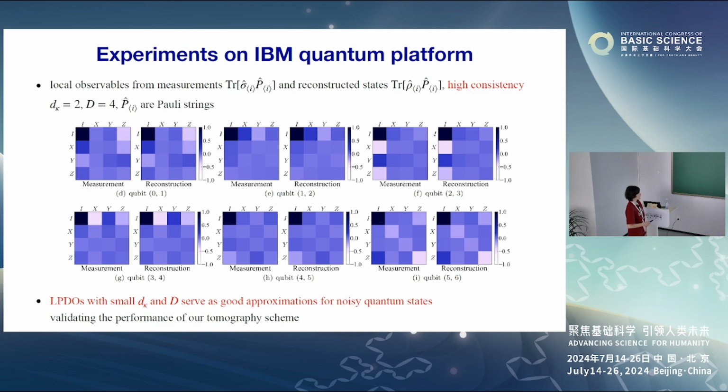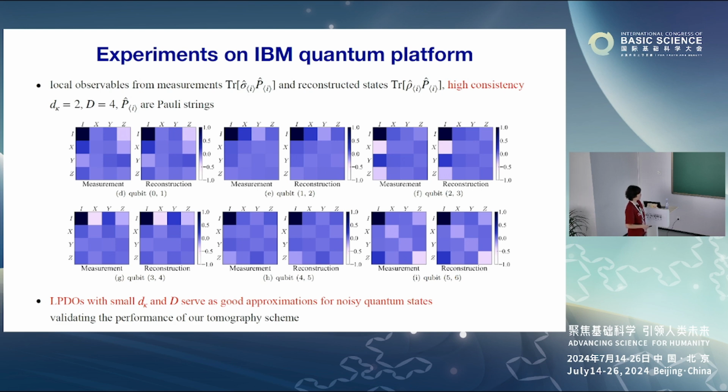And how about the local observables? We can compare the results from measurements and from reconstruction, so the left one is from measurements and the right one is from reconstruction. You can see they are almost the same, right? They have high consistency.